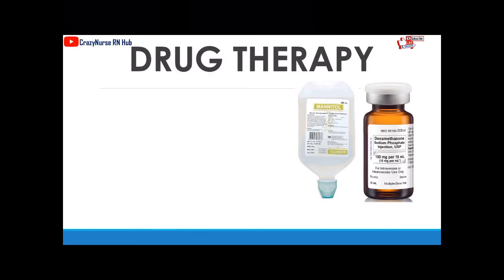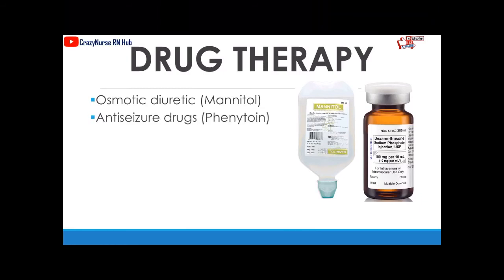For the drug therapy of increased ICP, we have here osmotic diuretic in the form of mannitol. This medication can pass through the blood-brain barrier, and in effect, it can drain excess CSF or fluid from the brain in order to decrease the intracranial pressure. We also have your anti-seizure drug or your phenytoin in case that seizure is manifested.